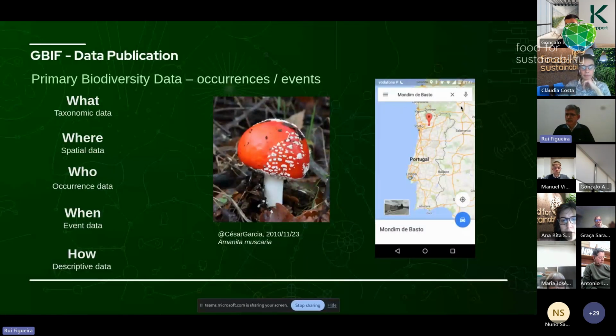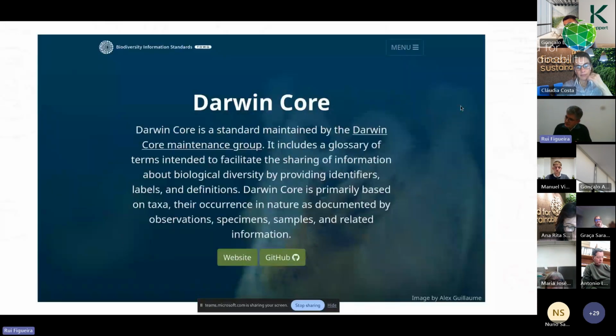So the records essential are documenting what we call primary biodiversity data. Which species, where, when it was seen, by who, and in which habitat conditions. But it's not an easy task to make sure that this data is available to everyone and everyone can understand.